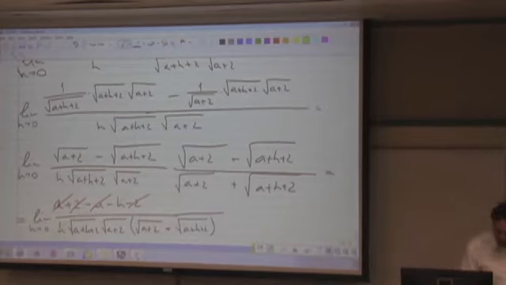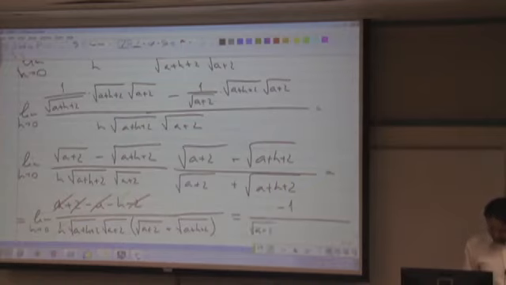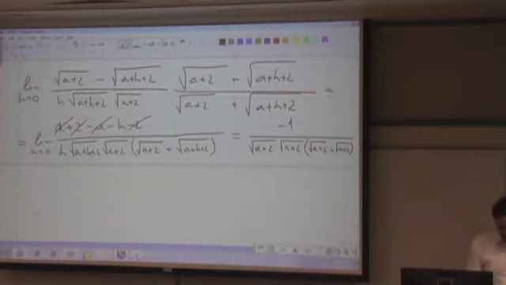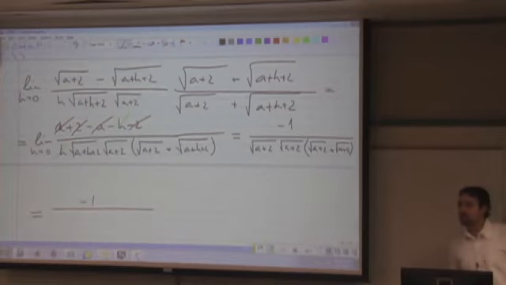So what is my limit? -1 over the square root of a plus 2 times the square root of a plus 2 times the quantity square root of a plus 2 plus the square root of a plus 2, which all becomes -1 over, what's the square root of a plus 2 times the square root of a plus 2? a plus 2.